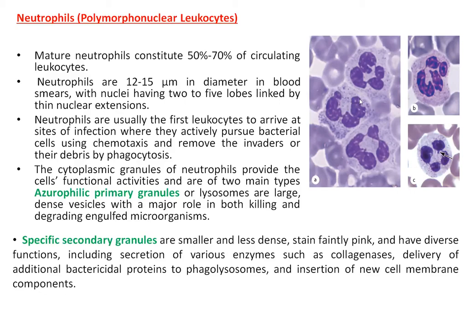The cytoplasmic granules of neutrophil provide the cell with many activities. The eosinophilic primary granules, which are lysosomes, are large, dense vesicles with a major role in both killing and degrading engulfed microorganisms. The other granules are specific granules.